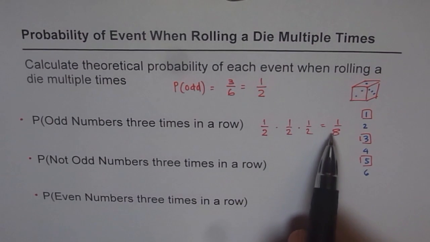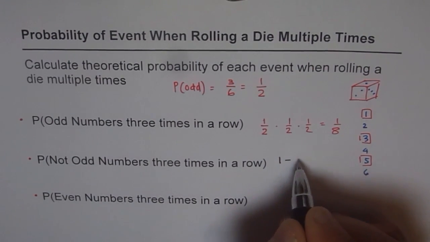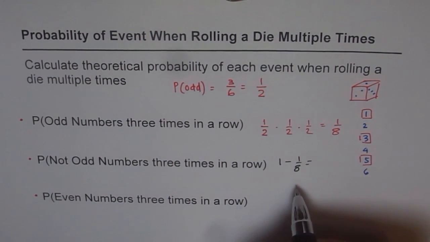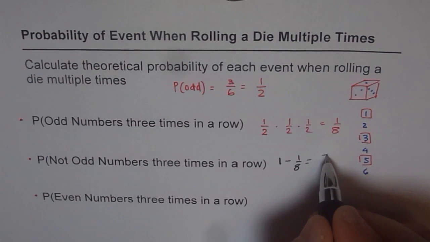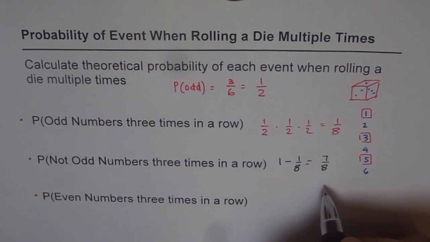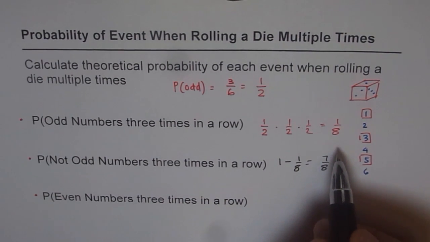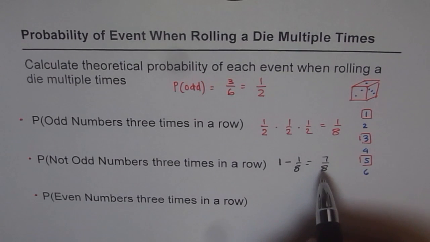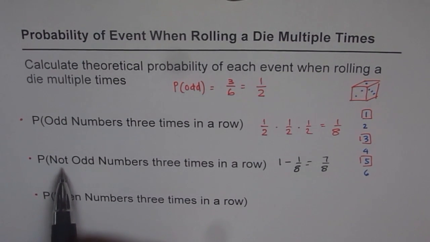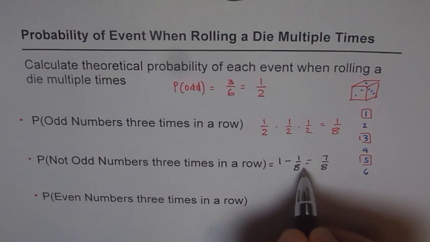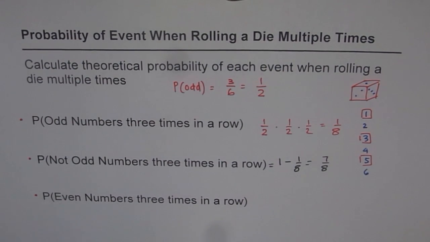So for not getting that is 1 minus 1 over 8, right? So that is the solution, 1 minus 1 over 8, which is 7 over 8, right? So out of 8 chances, there are 7 chances that this is not going to happen, and there's 1 chance that that may happen. That is what it's trying to say. So the probability for not odd numbers 3 times in a row is equal to 1 minus 1 out of 8, which is 7 over 8.